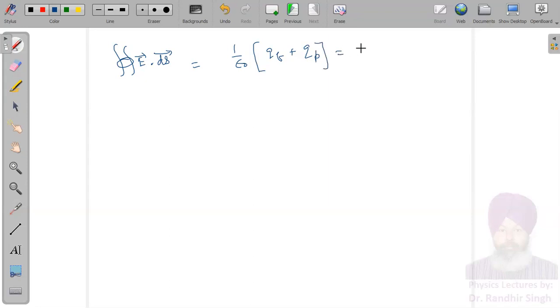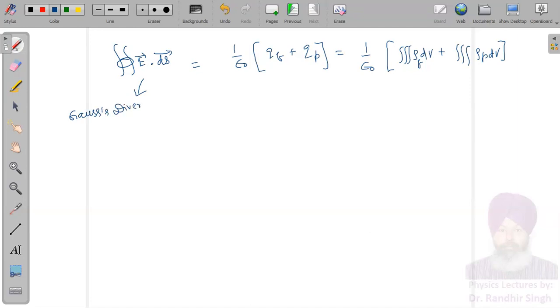Now I am going to put the value 1 upon epsilon naught. Qf is actually triple integration rho f dv, plus triple integration rho p dv. Now I can apply the Gauss divergence theorem, which I have already taught you.